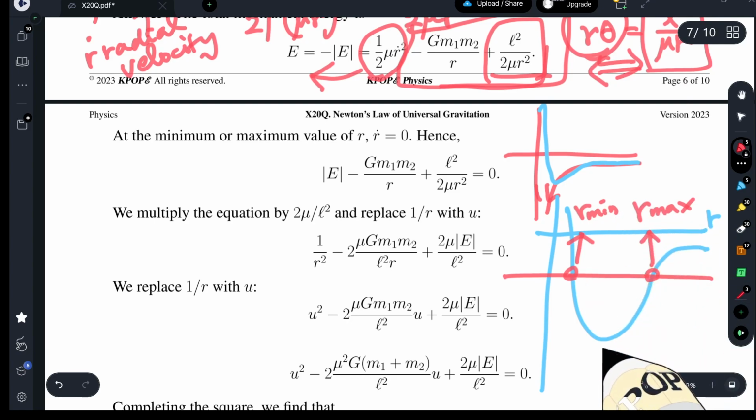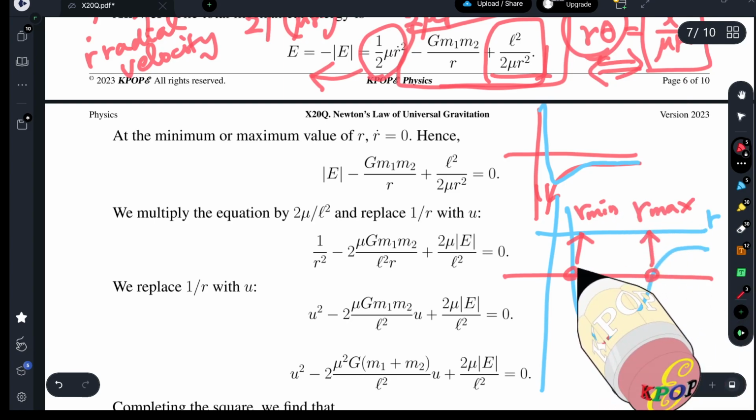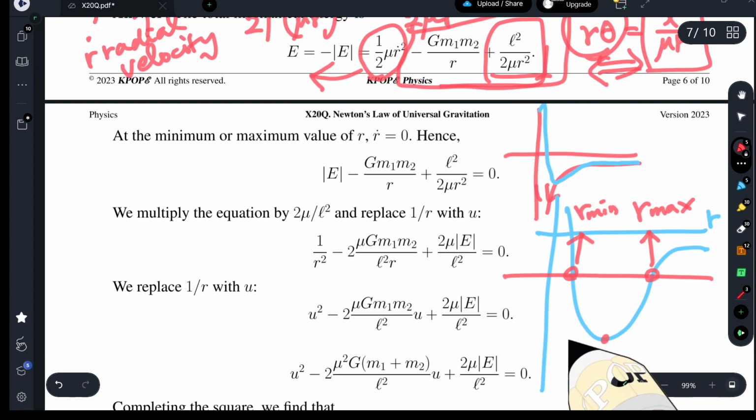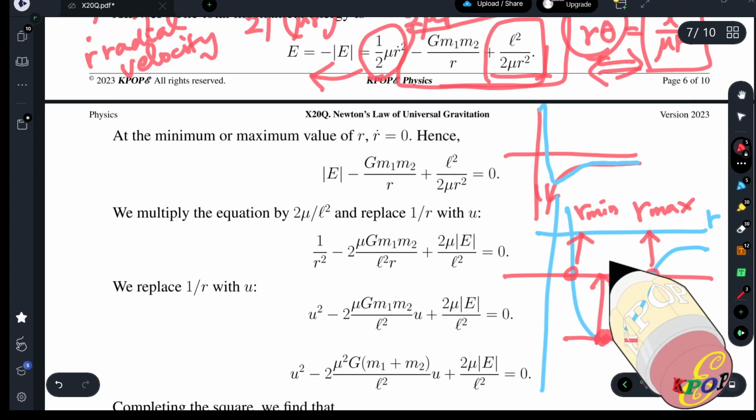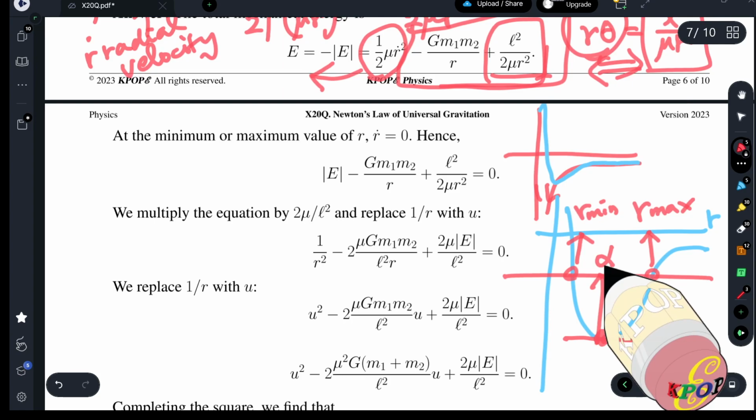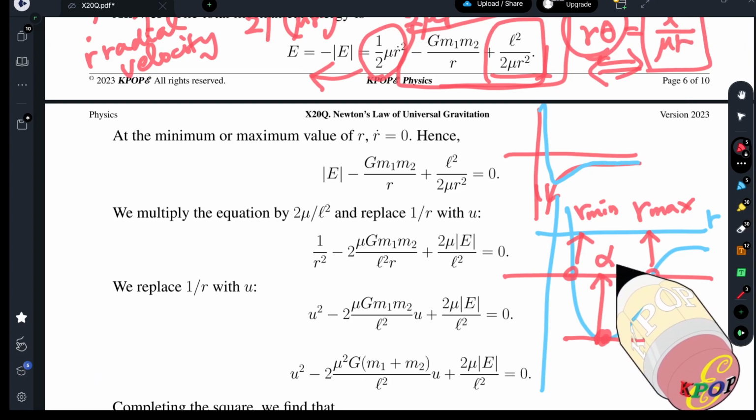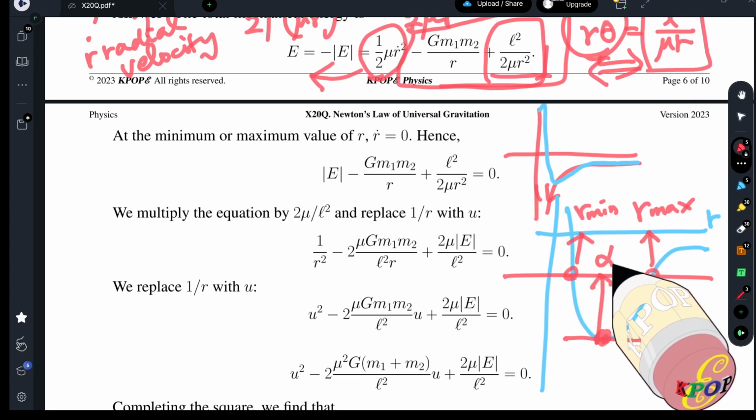At a certain point at which the effective potential has its derivative vanishing, there is only a single radius allowed. That means alpha, that is the radius of a circular orbit.